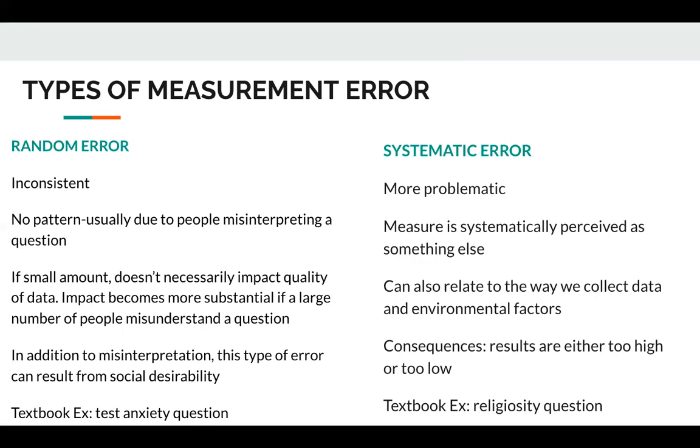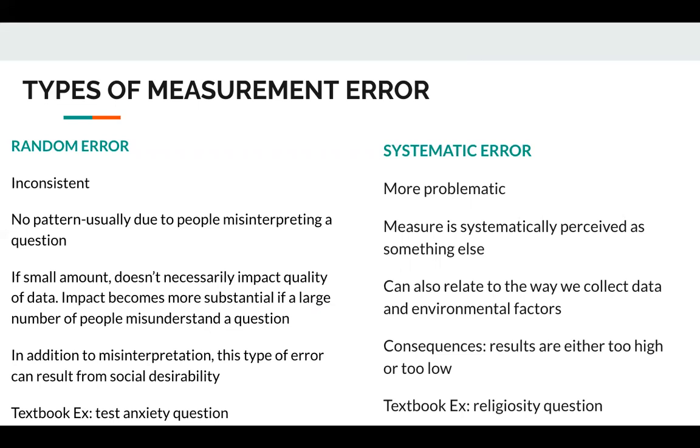The point here is there is no discernible pattern, and therefore the error itself is inconsistent. It is random. And so if you have a small amount of random error, it doesn't necessarily impact the quality of the data.